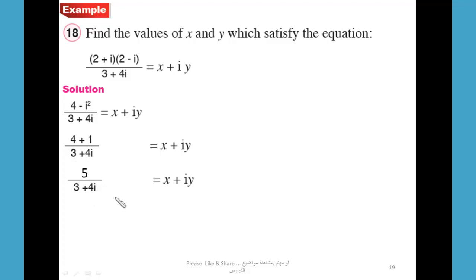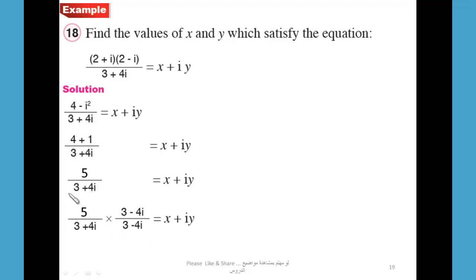We want to get rid of the complex number in the denominator. So we multiply up and down by the conjugate of this number. What is the conjugate of 3 plus 4i? It's 3 minus 4i, over 3 minus 4i.